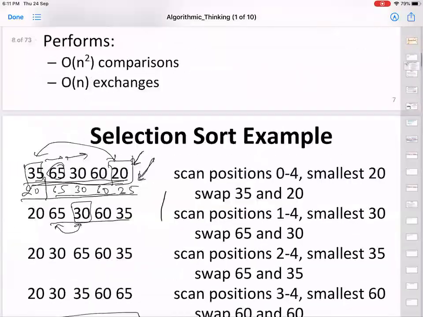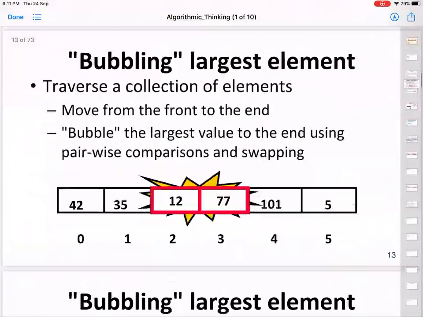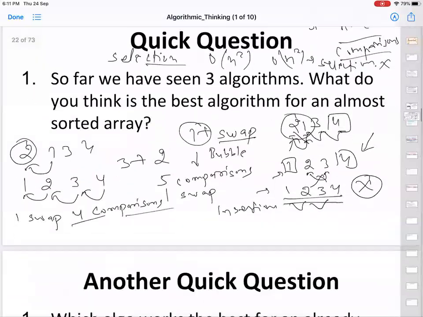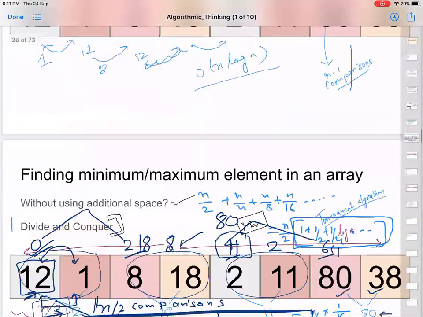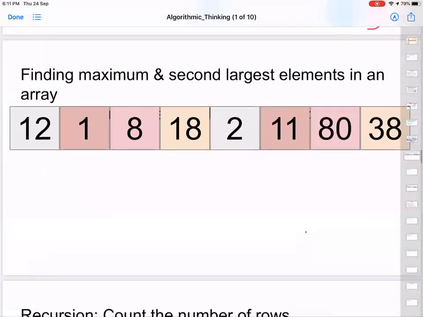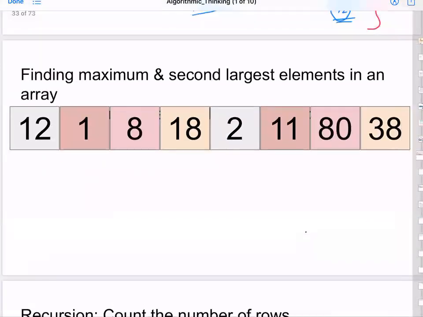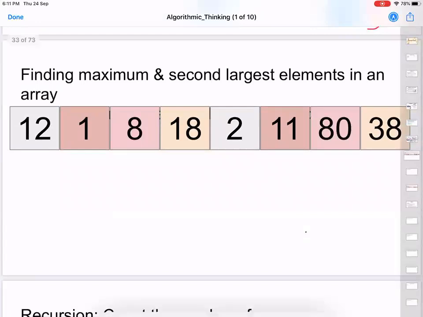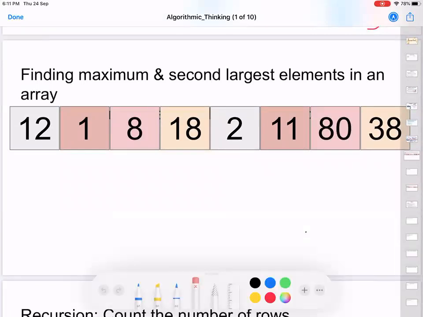Can you just think about how you can use this tournament approach to better this, finding the largest and the second largest element in an array? If you look at it here, what can you do?